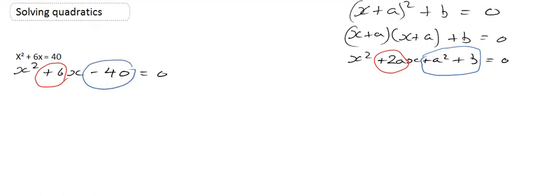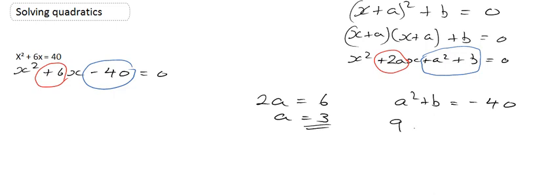And that means I can solve this, because I can say that 2a equals 6, so a equals 3. That's by using the red expansion. And I can say a squared plus b equals minus 40, but I know a is 3, so I get 9 plus b equals minus 40, so b equals minus 49.